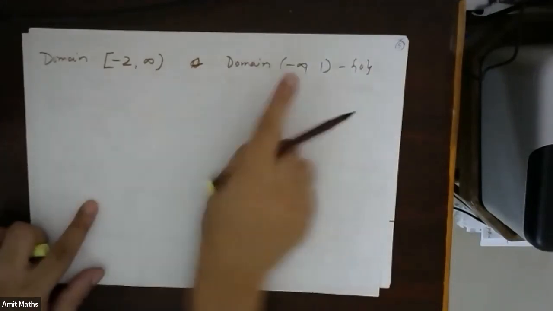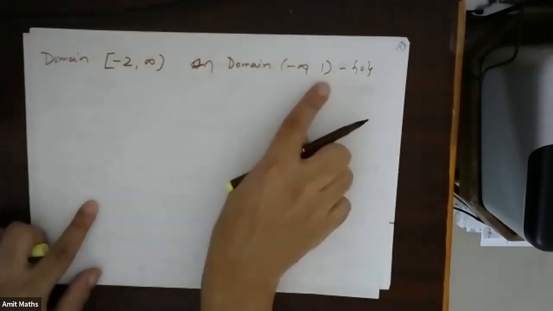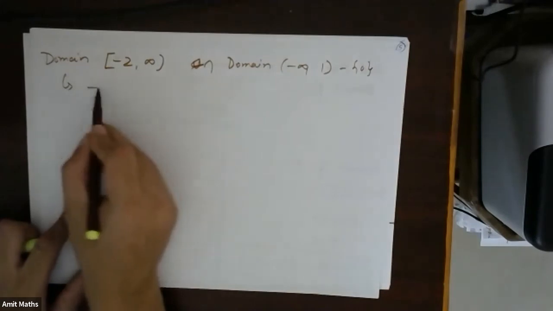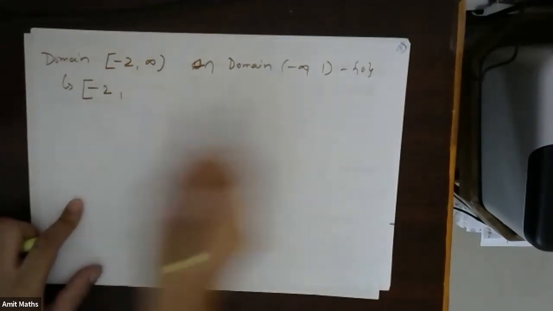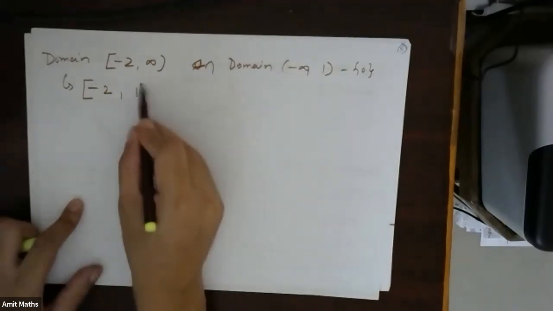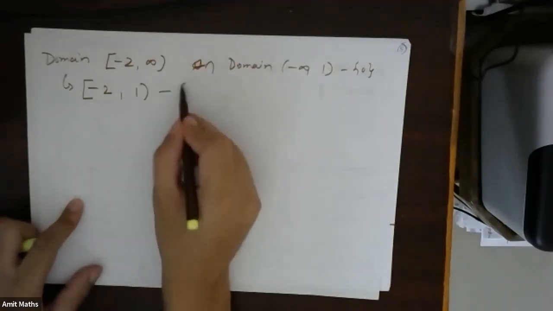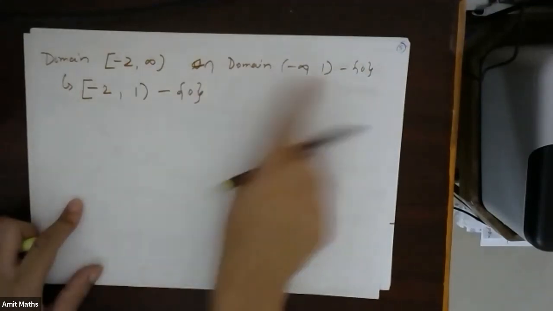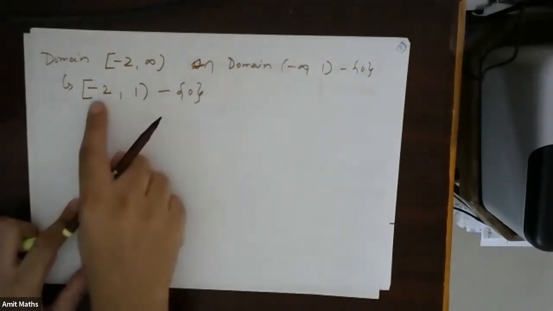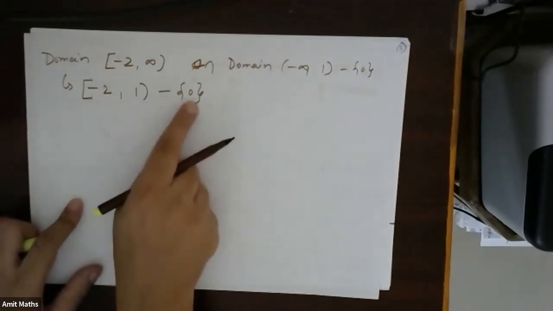If I take the intersection of these two, -2 to infinity and minus infinity to 1, the intersection will be -2 included to 1, minus 0.